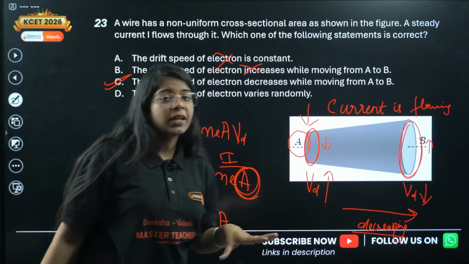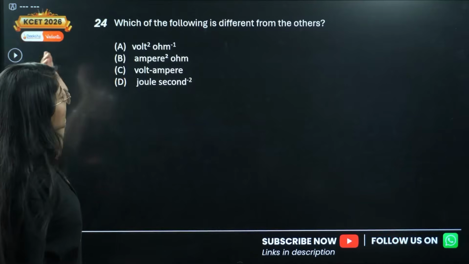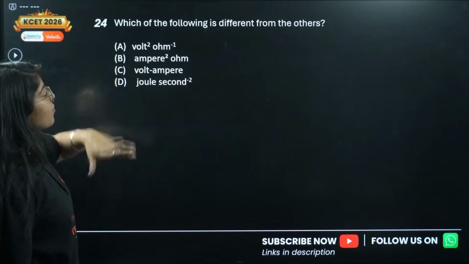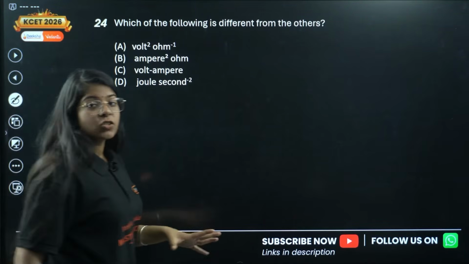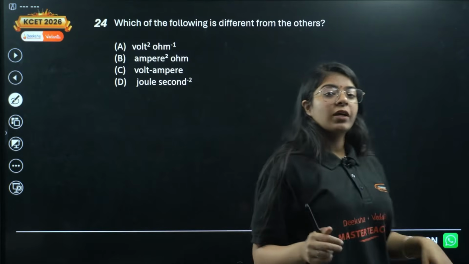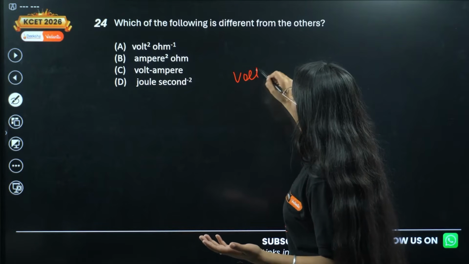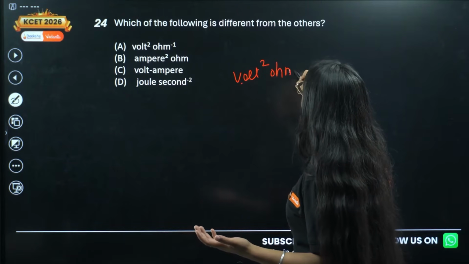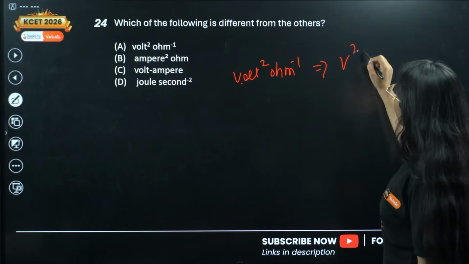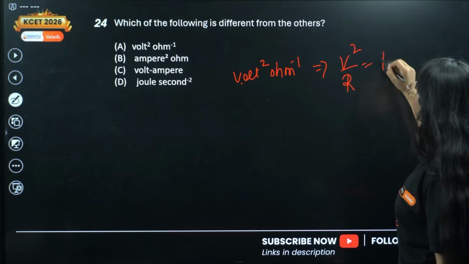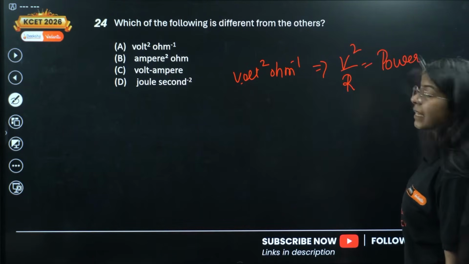Okay, understood till now? 24th question says, which of the following is different from others? Let us say volt square per ohm. This is V square divided by R, which is power, correct?